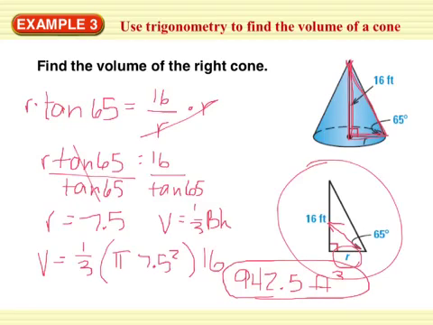Again, I'm a little off from the book, so I'm going to check that. I have 1/3 times pi times 7.5 squared times height. Okay, we're good. The book used 7.46 instead of 7.5, which gave them a slightly different answer.